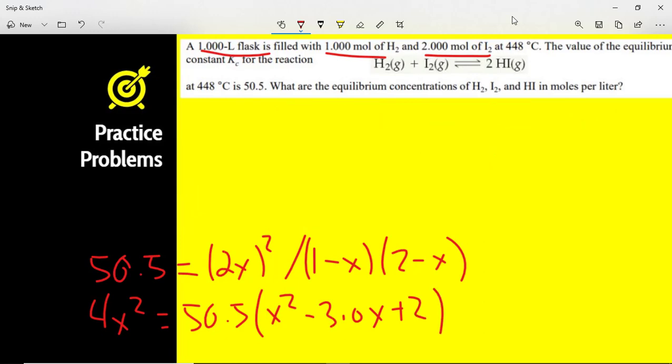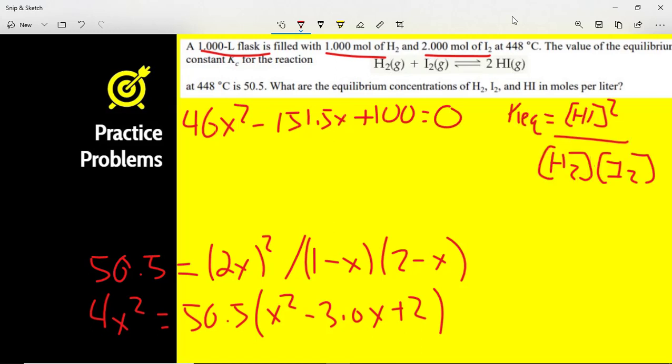and again, we work through to simplify this expression as best we can. And now that we have A, B, and C, we can plug those into the quadratic formula.